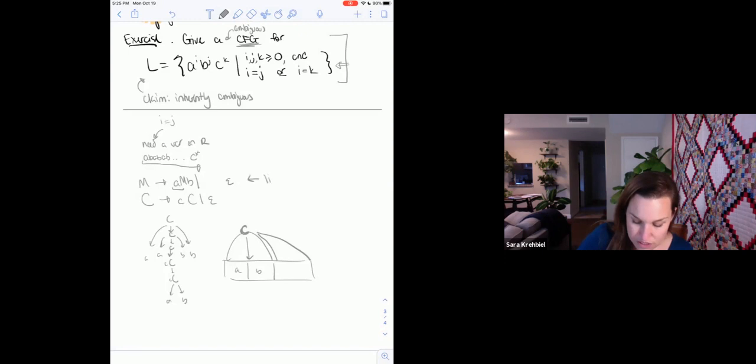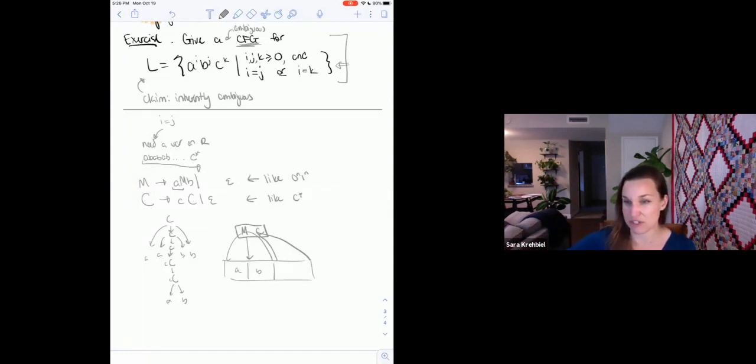So this is just the same as our 0 to the n, 1 to the n grammar. This is the same as our C star grammar. And now we just have to think about linking them together. So at the top, at some point, we're going to have an M followed by a C. So this M and C should be next to each other, but the M is going to push the B's out before the C, whereas the C is going to keep generating more C's.